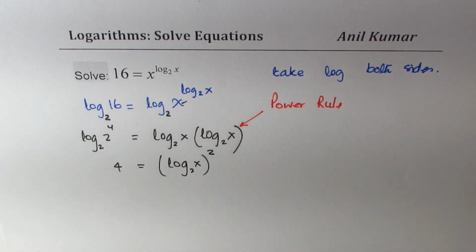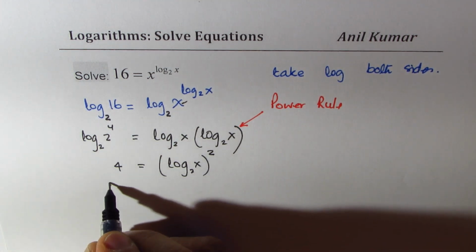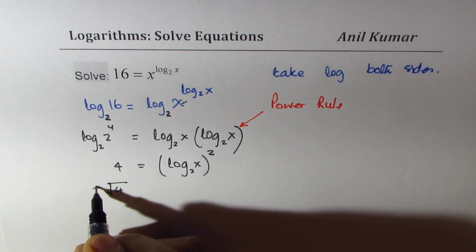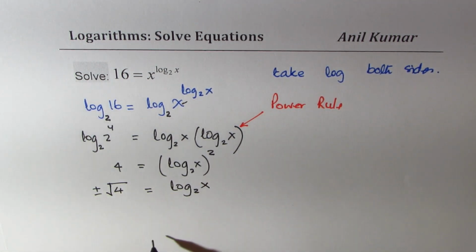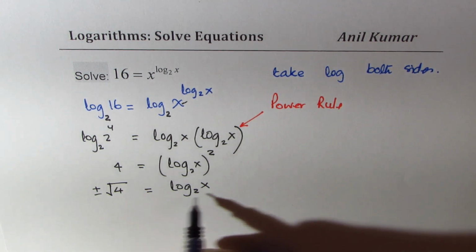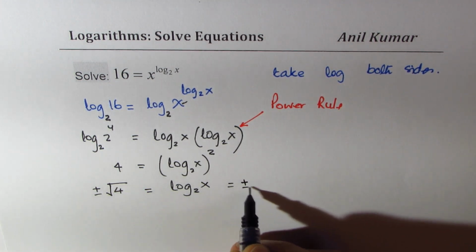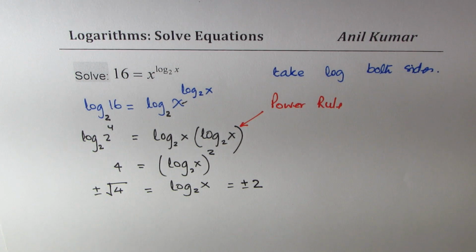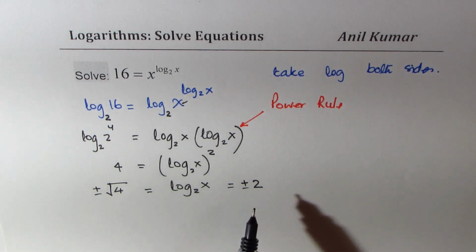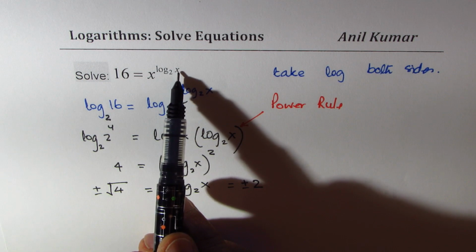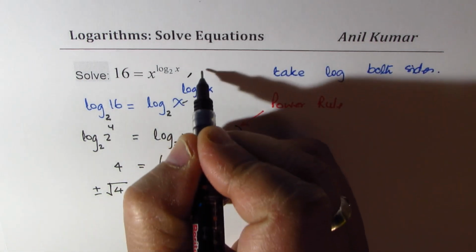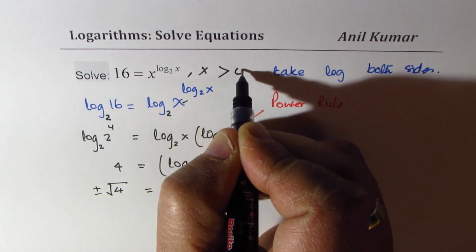Do you see that? So we will take the square root. And whenever you take a square root, you actually get plus and minus, 2 answers. So that is equal to log to the base 2 of x. And that gives you two possible solutions, which is plus or minus 2. Now, if you look at it, log to the base 2 of x, so x has to be greater than 0.